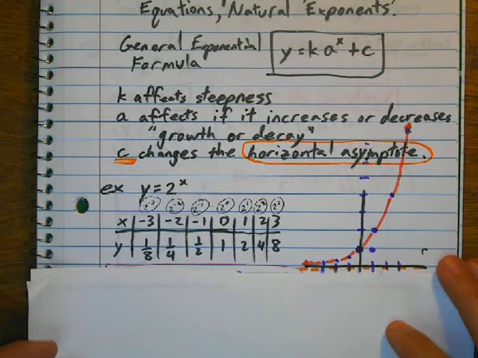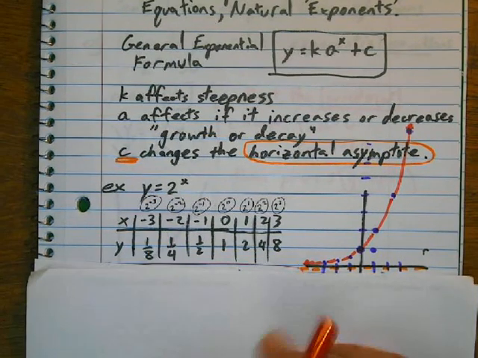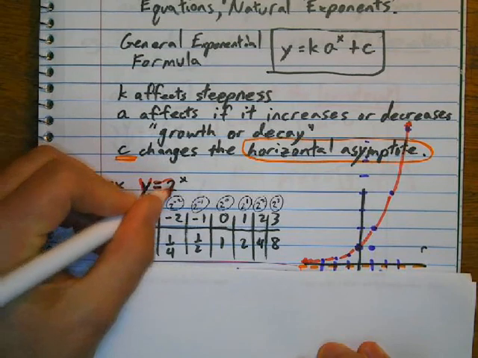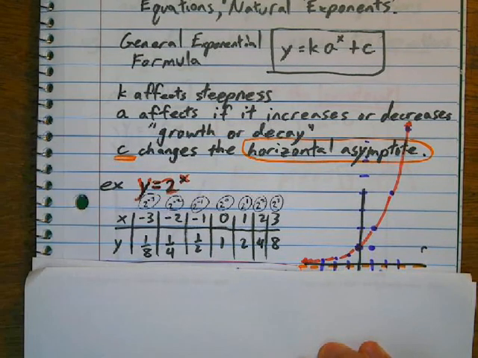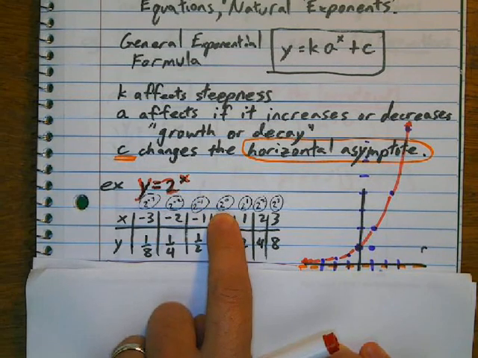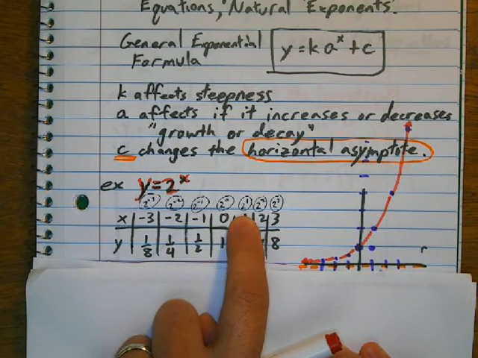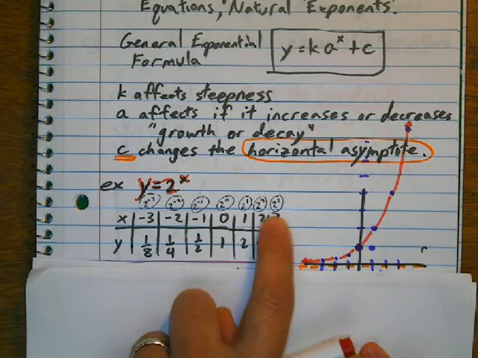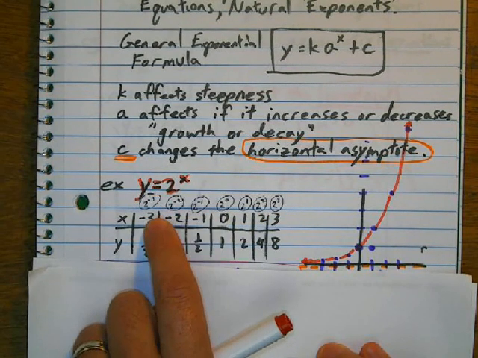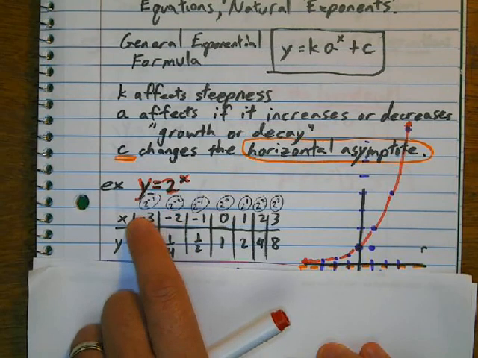In this example, we've got the equation y equals 2 to the power of x. I could do y equals 2 to the 0, 2 to the power of 1, power of 2, power of 3, and 2 to the negative 1 power, 2 to the negative 2 power, 2 to the negative 3 power.